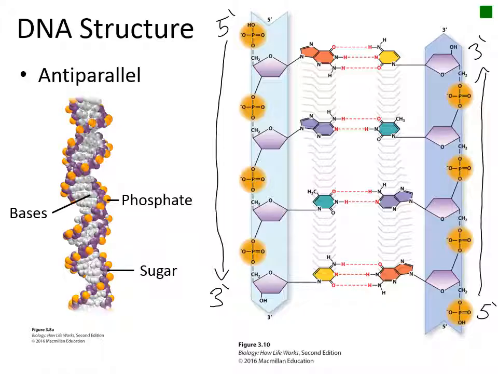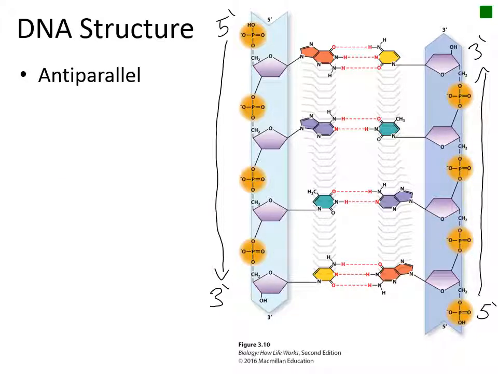Often when writing DNA, we use simplified structures. You will see DNA written as just two parallel lines with the 5' and 3' ends properly labeled. These lines represent the sugar-phosphate backbone, and the bases are implied but not drawn.